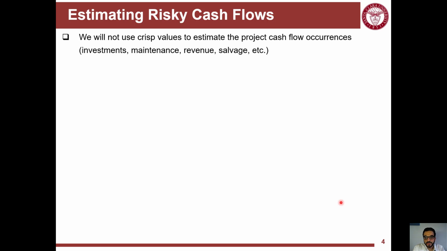When we estimate the cash flows, we will not use crisp values anymore. We will not say my initial investment is this, and then you will have this return in this year, a single value to represent each one. This is not the case in this analysis.